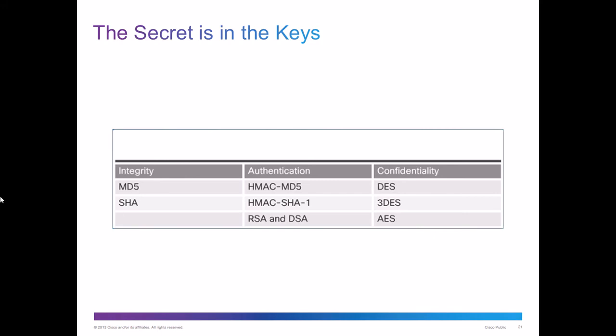The message digest number 5 and the secure hashing algorithm. SHA is a little bit more sophisticated than MD5, but MD5 has been around for a while. Both of these hashing programs are a technique to make sure that the data that you are transmitting or even sitting locally are protected.